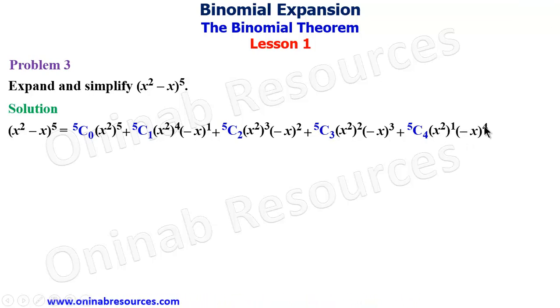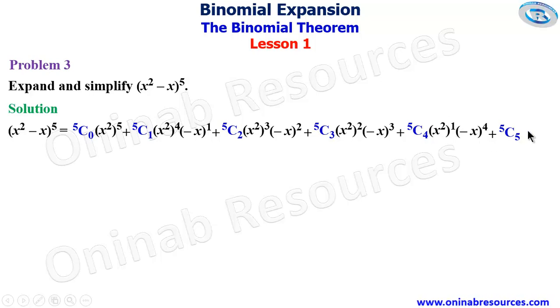Then negative x raised to the power 4. And the final term, which is 5 combination 5. We don't need this. This is gone because x squared raised to the power 0 will give us 1. Then we are now going for negative x raised to the power 5.